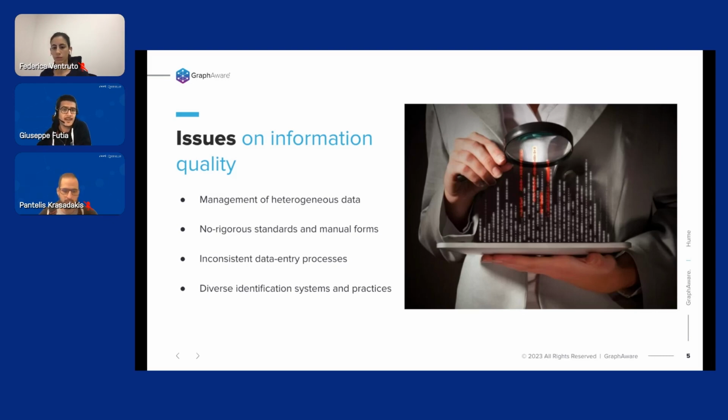If we consider large institutions, we have to face inconsistent data entry processes between, for instance, different branches, divisions, or different offices. And we also have to take into consideration diverse identification systems and practices that can be adopted, for instance, in the same office.